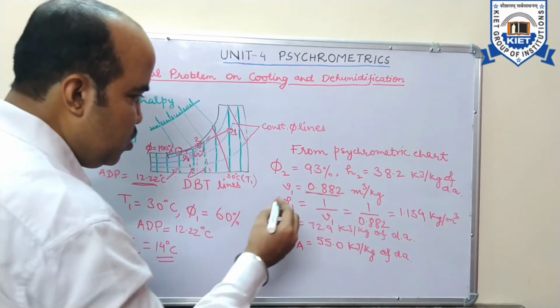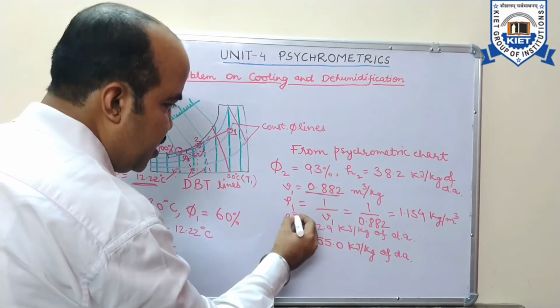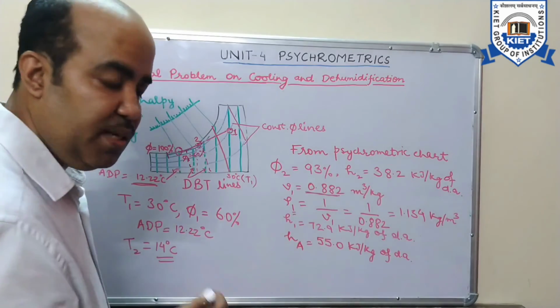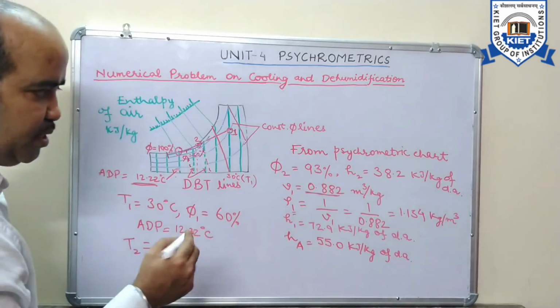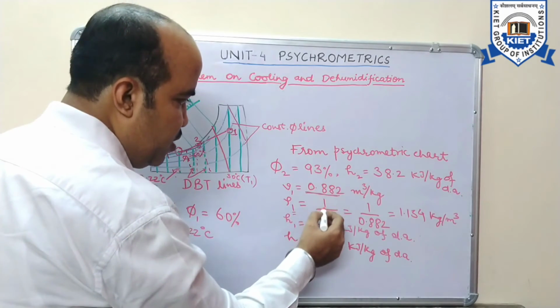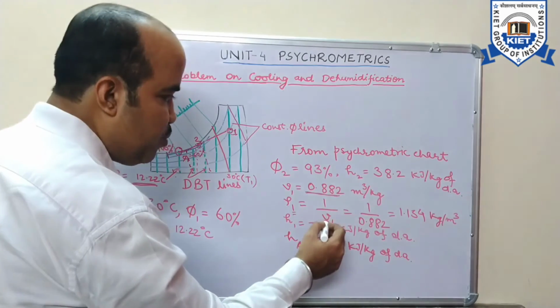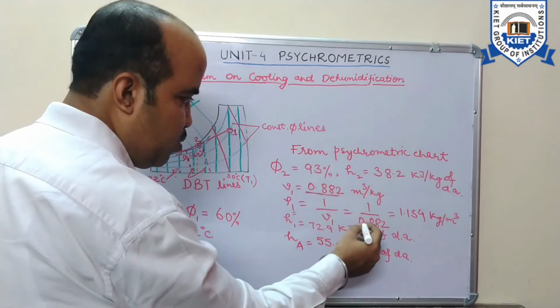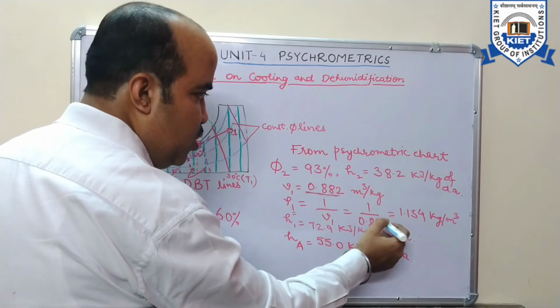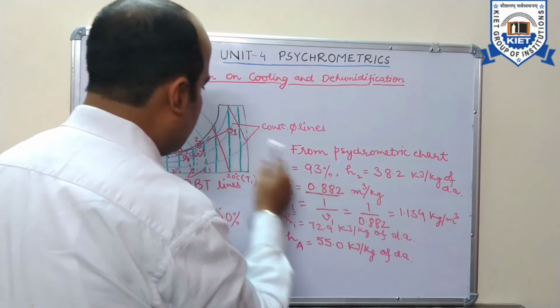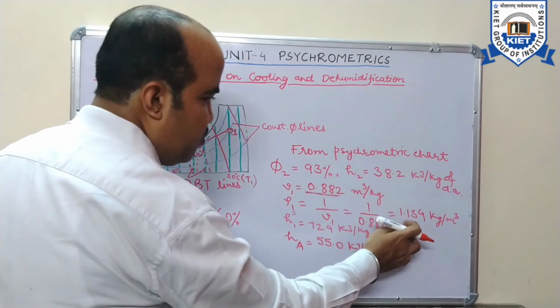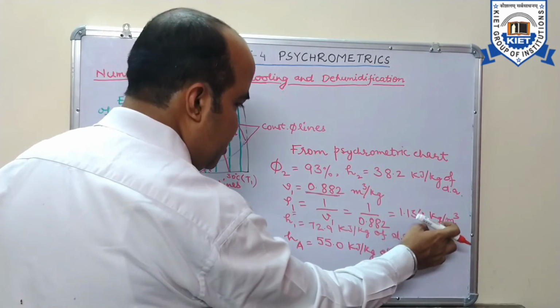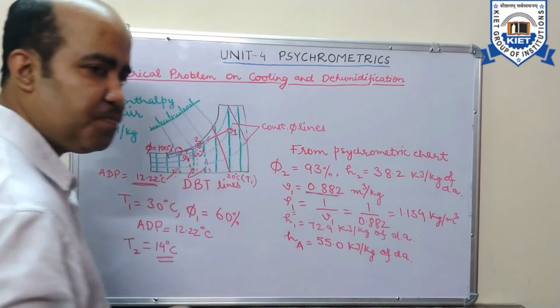So if I calculate the density of air at point number 1, it will be 1 by the specific volume at point number 1, which we have already calculated as 0.882. So the density of air at point number 1 will be 1.134 kg per meter cube.